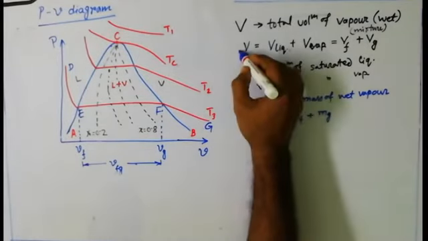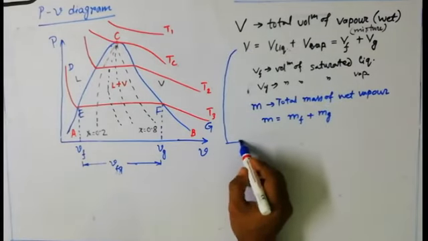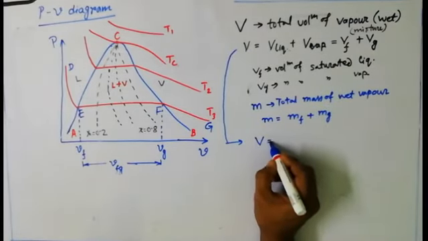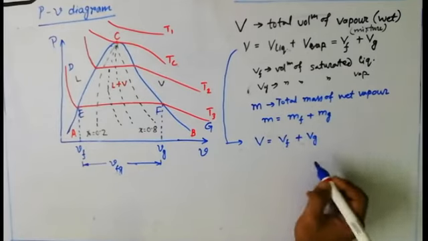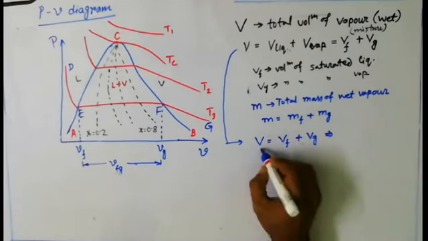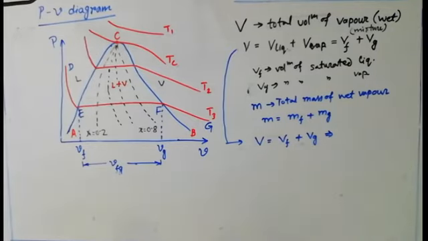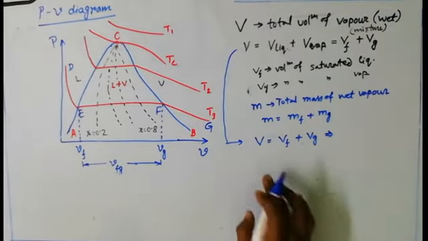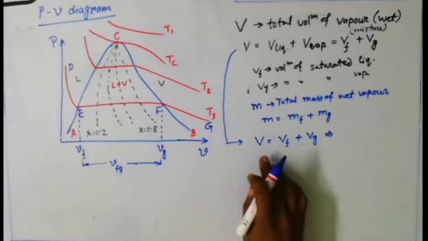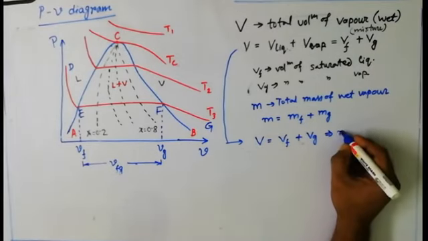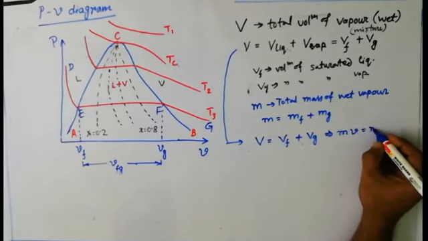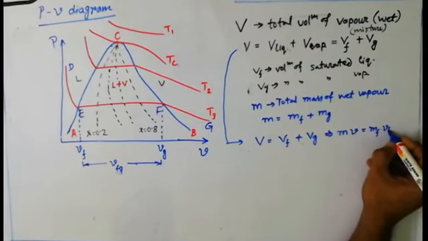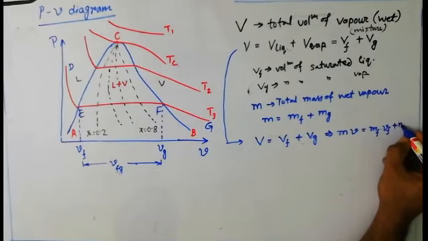Okay, now coming to this expression again, that capital V is equal to capital Vf plus Vg. Now if we multiply both the sides of this equation, or rather say we can consider that total volume can be expressed by mass into specific volume, that is mf into small vf, and mg into small vg.